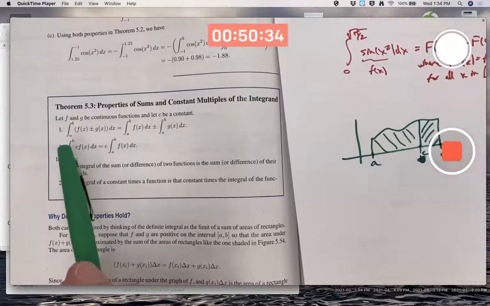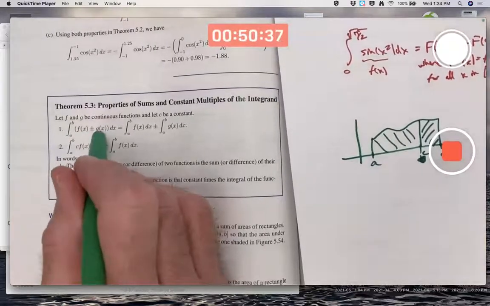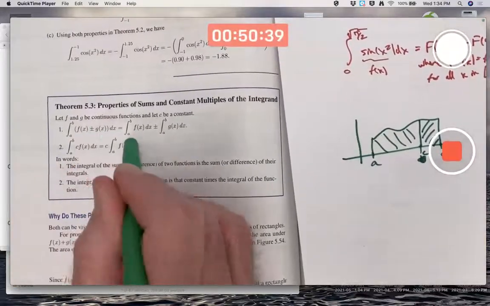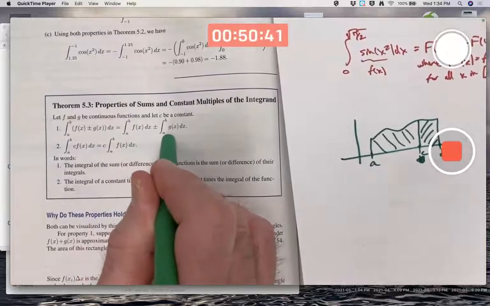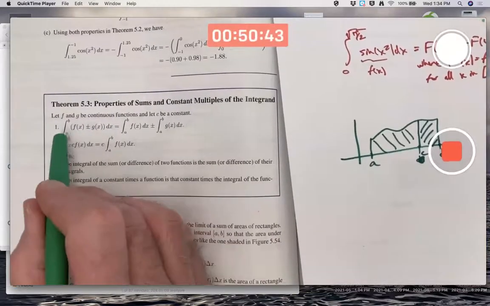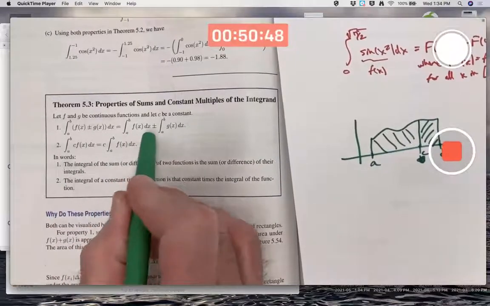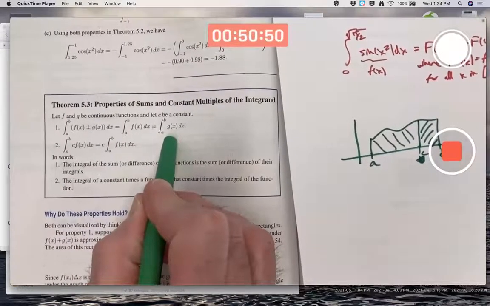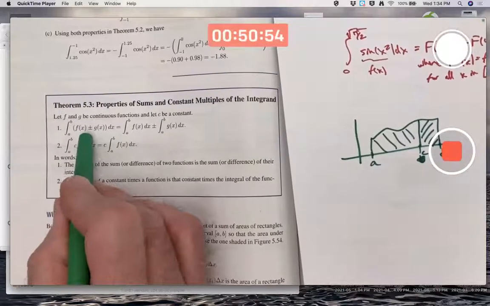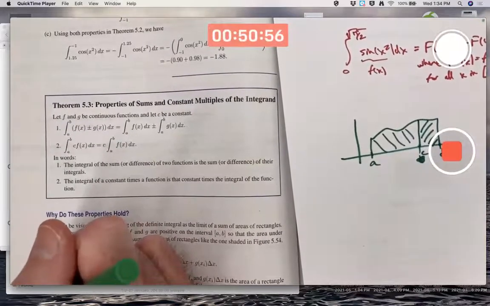The integral of f of x plus g of x is the integral of f plus the integral of g. If I take the minus sign, I could say the integral of f minus g is the integral of f minus the integral of g. It's kind of like a distributive property for the integral sign, but not literally.